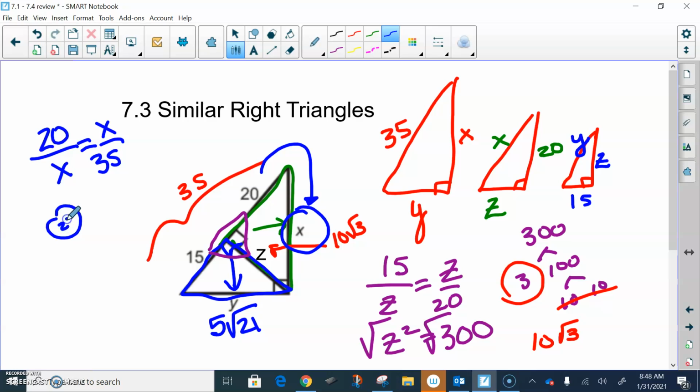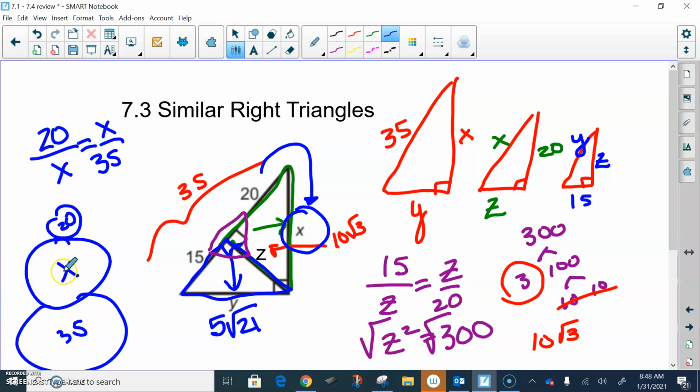And if you remember doing geometric mean, we'd have something like this. The ratios are proportional, 20 and 35. So we're going to cross multiply. 20 times 35, get 700. Ooh, that's a nice easy one. That's a multiple of 100. So we're going to like that.